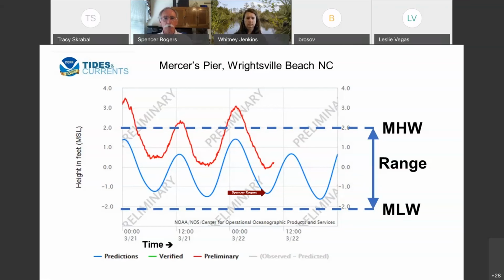But the actual low water that occurred on that day was way up at mean sea level, almost 2 feet above the average level. So if you're going out in the field and want to know what the conditions are, look for these NOAA tide gauges as close as you can find, and they'll give you a real-time reading of what was there when you were there or what may be there when you're planning to go take a look.